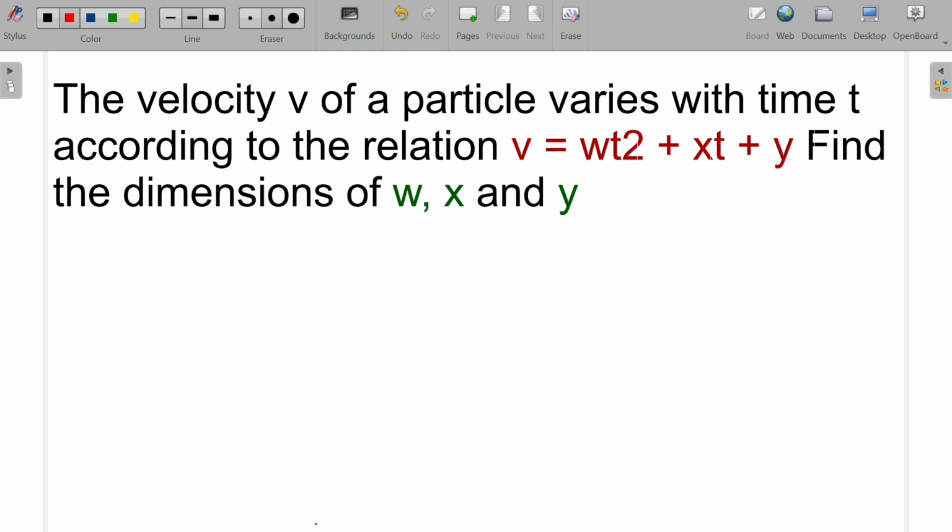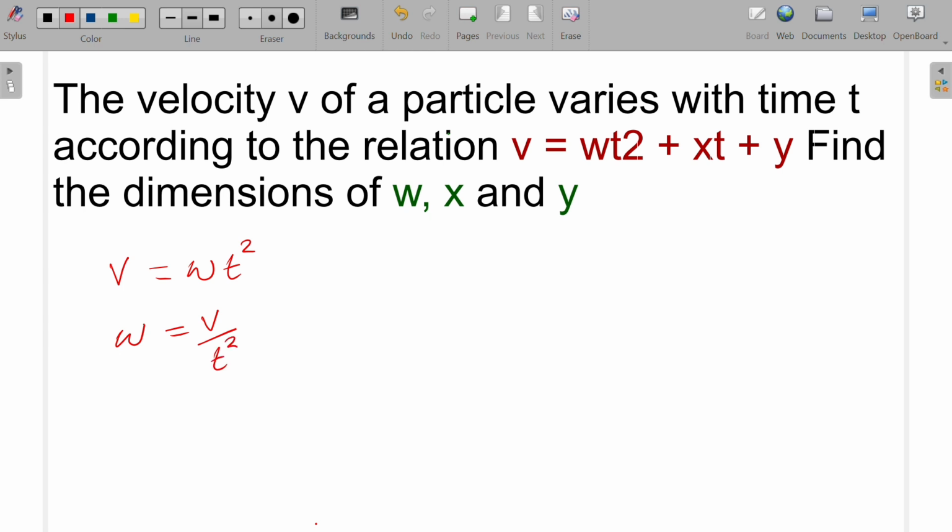So we're equating v. We are saying v is equal to wt squared. This is the first one we have. We are looking for the dimensions of w, so making it the subject, w will be equal to v divided by t squared.